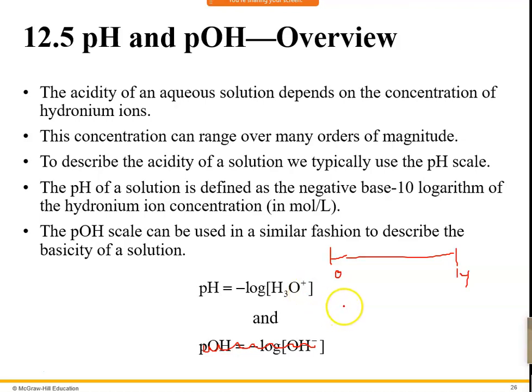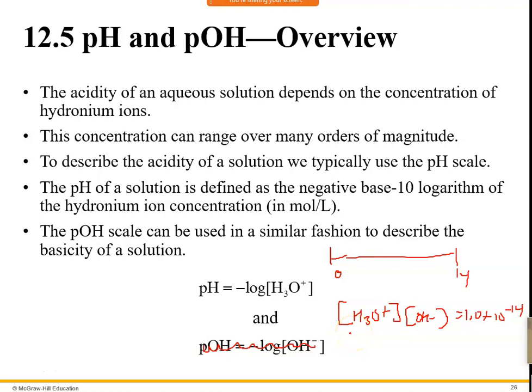We also have the auto-ionization equation that we just talked about in the previous slide. With these two equations, you can do almost all of the calculations in this chapter.